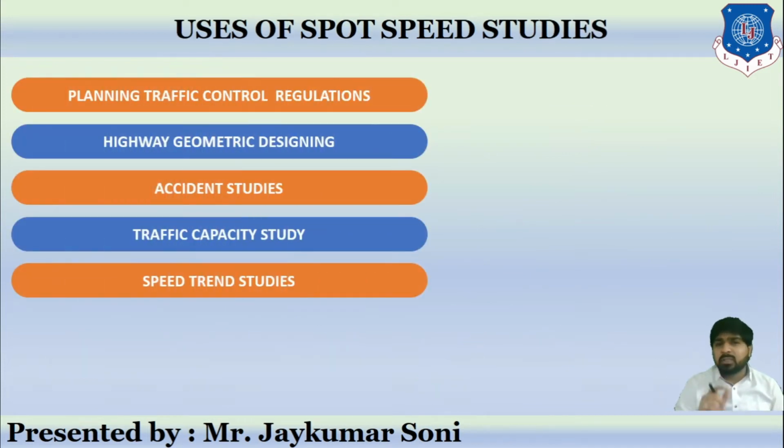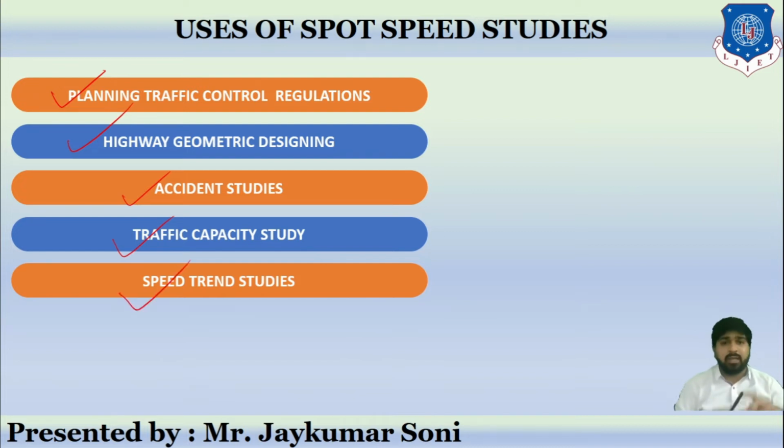Now, what are the uses of spot speed studies? See, whenever we are learning a new topic, we should have the knowledge of what the uses of that particular thing are. So these speed studies are used for the planning of traffic control regulations, various kinds of laws, highway geometric design, accident studies, traffic capacity studies, and speed trend studies.